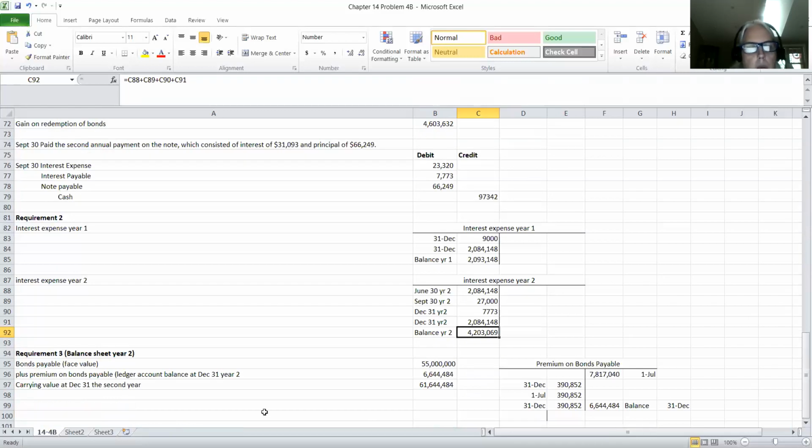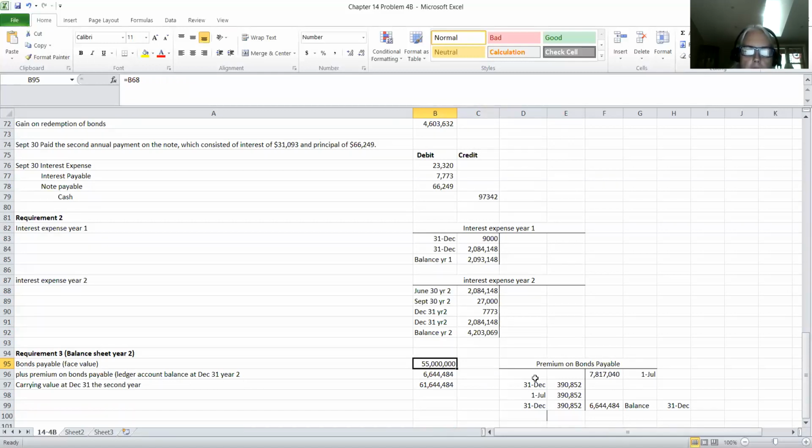In requirement number 3, they're asking you to prepare a balance sheet as of the end of year 2. So we will start with the face value of the bonds, which were $55 million. And we're going to add the premium on bonds payable, which is the balance of the ledger account at December 31st in year 2.